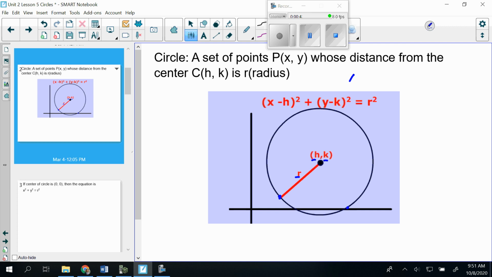And so this equation is a spin-off of that distance formula you saw previously, because if we were to square root both sides here, this left side looks like that distance formula where you'd have all the points the same radius away. And so you've got x minus whatever that center is, squared, y minus whatever the y part of that center is, squared, equals our radius squared. That is the equation of a circle.